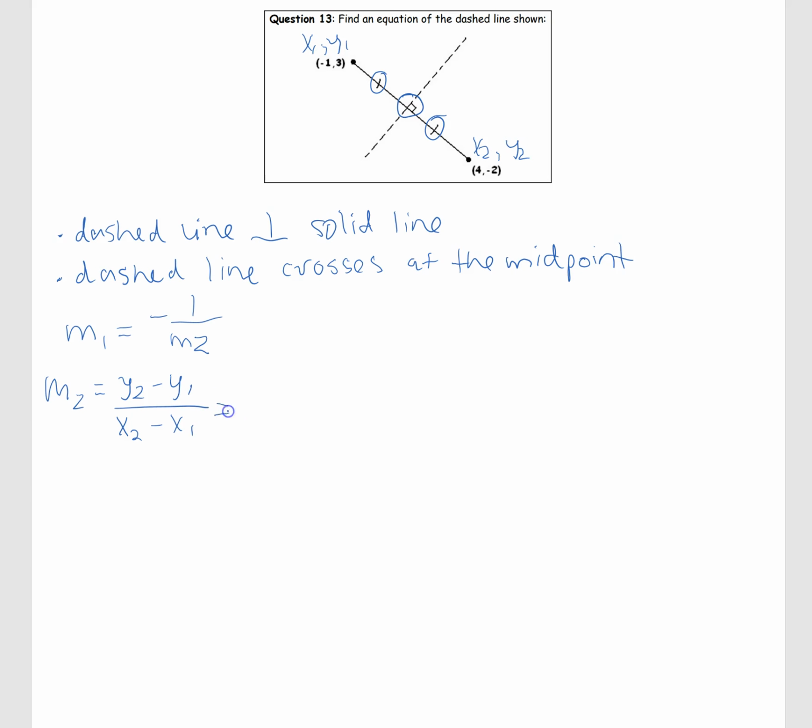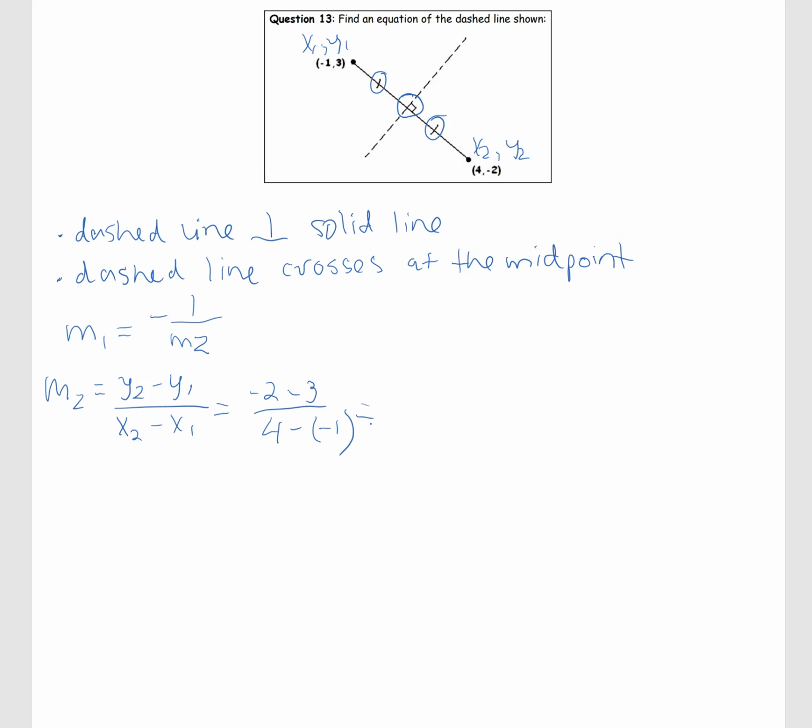And so plugging that in gives me y2, which is negative 2, minus y1, which is 3, over x2, which is 4, minus x1, which is negative 1.